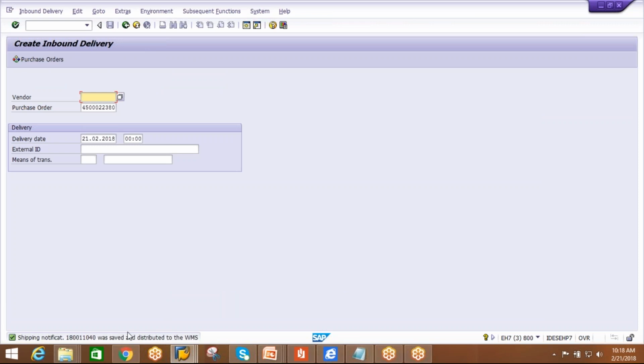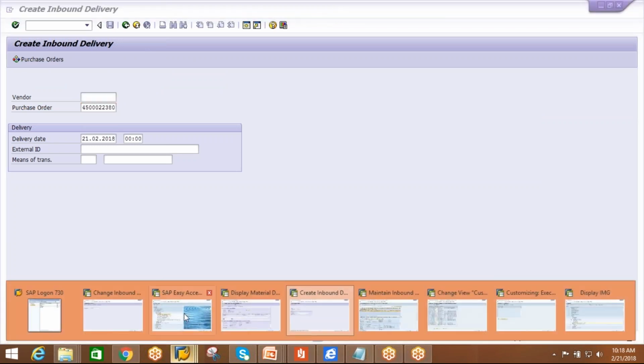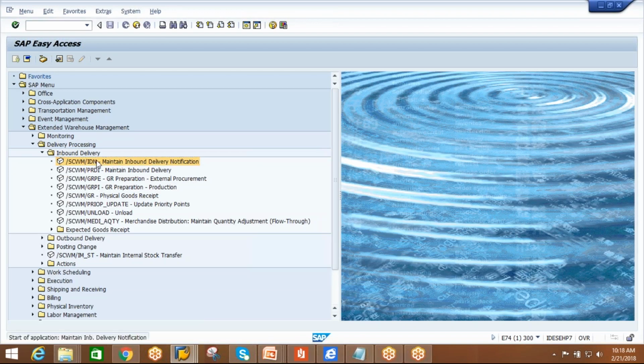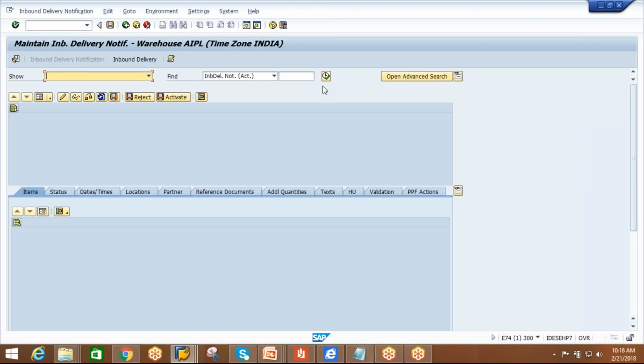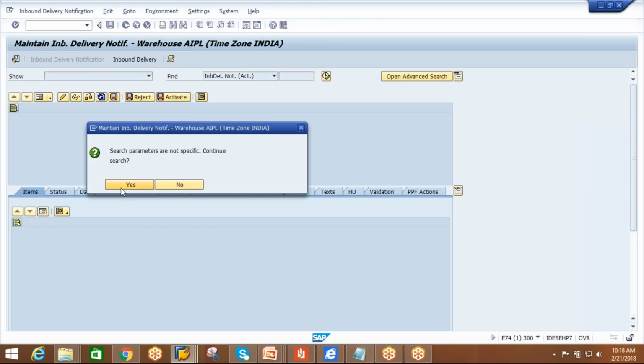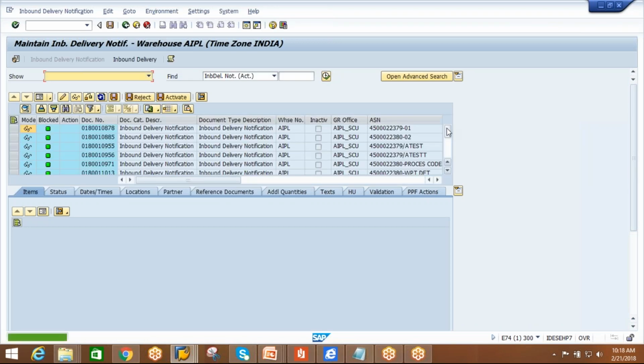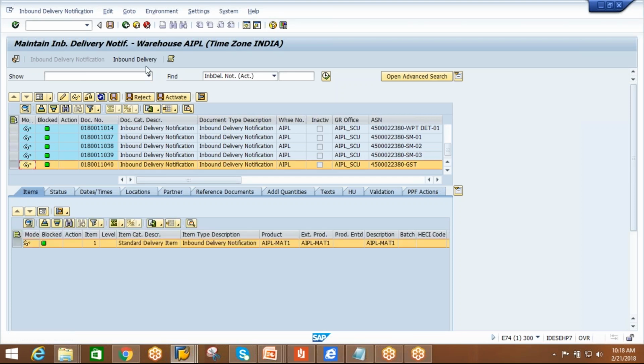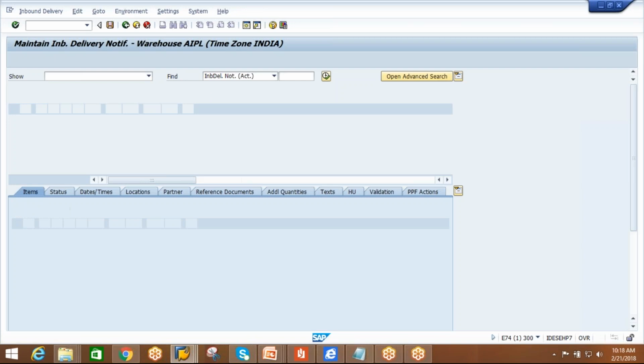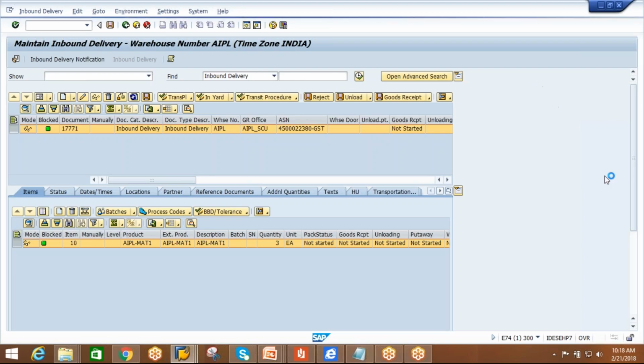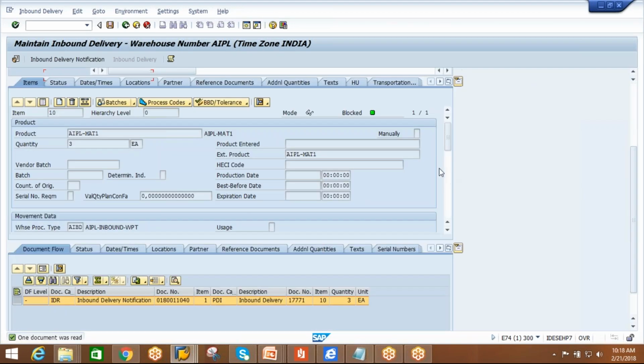Now 11040 is distributed. Come to delivery processing. This one, inbound delivery. As usual, we do the goods receipt against this one.